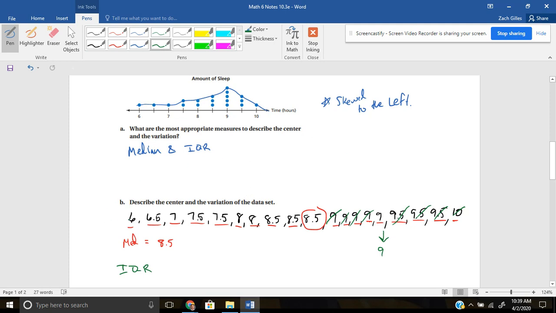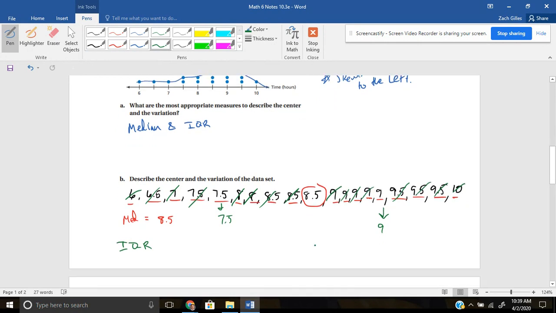And the median of the first half of my data, working my way towards the middle, is 7.5. So to find the interquartile range, I subtract 9 minus 7.5, and that will give me 1.5.